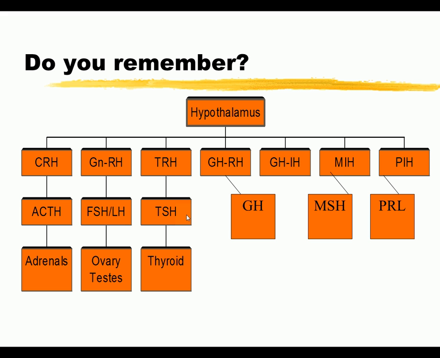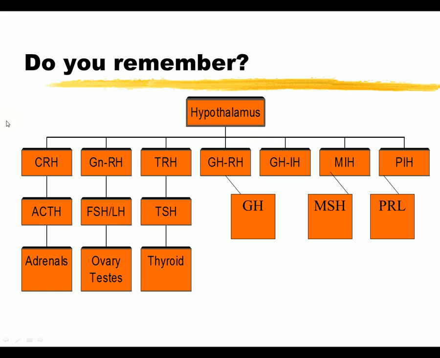All right, just a little review. It says, do you remember? And it has the hypothalamus that's located on the top layer. And the hypothalamus has a lot of control. And really, everything on this first line comes from the hypothalamus.